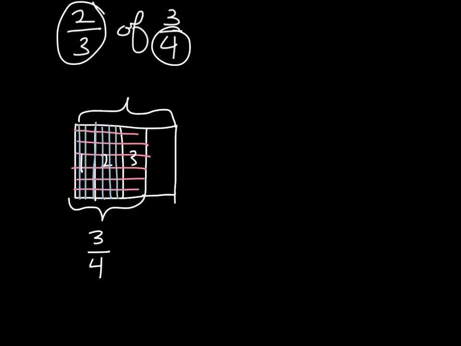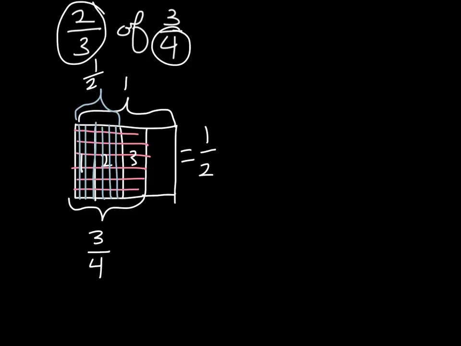And then I see that what I have here for my highlighted bit is actually 1/2 of the total fraction model. Oops, I forgot to label my whole here. So if you look at the part that is highlighted in blue, you can see that it is 1/2 of the total area model. So my answer would equal 1/2.